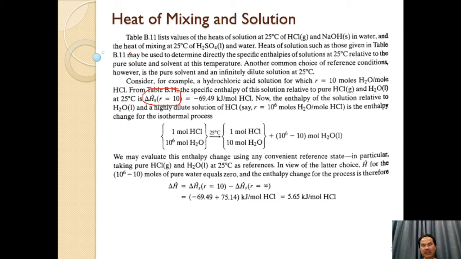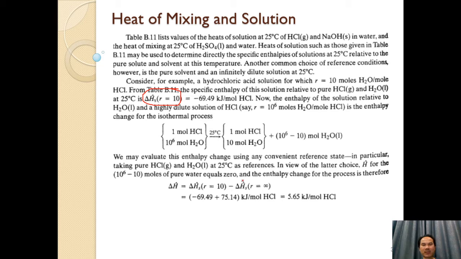We may evaluate this enthalpy change using the convenient reference state. For this case, we refer to pure HCl gas phase and water liquid phase at 25 degrees Celsius as the reference. So for this reference, the change between 1 million and 10 mole of pure water is equal to 0. The enthalpy change for the process is therefore delta H equal to delta H_s at r equal to 10 minus delta H_s at r equal to infinity.